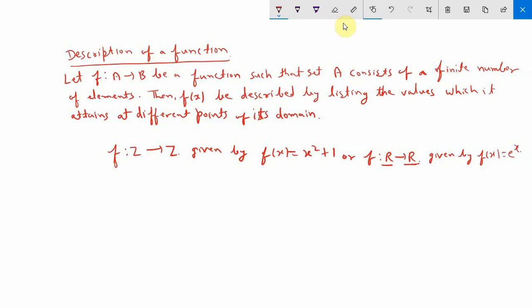Okay, these are examples of infinite sets because they will have an infinite number of elements in the domain.